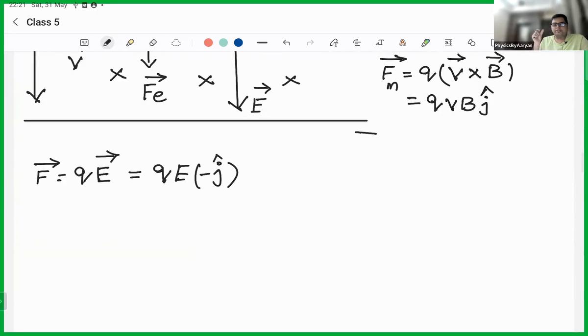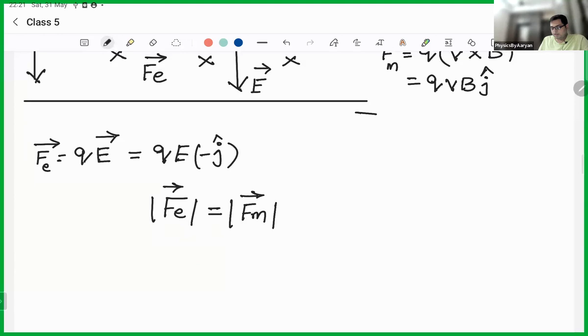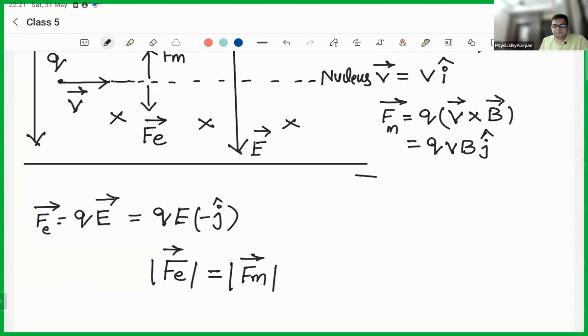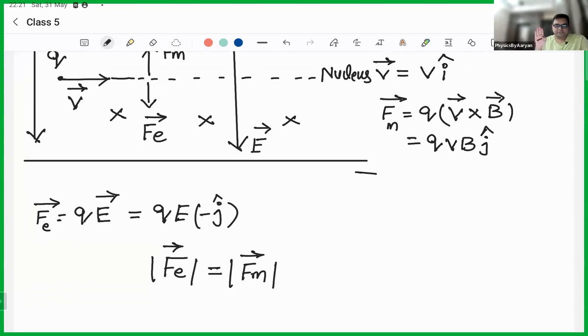If I make sure that the electric field and magnetic field are applied in such a way that the magnitude of the electric force and the magnitude of the magnetic force are equal, then no net force will act, zero net force, and this charged particle will hit the nucleus. Because there is no net force, it will not go up, and no net electric force, so it will not go down. It will go straight forward and hit the nucleus.